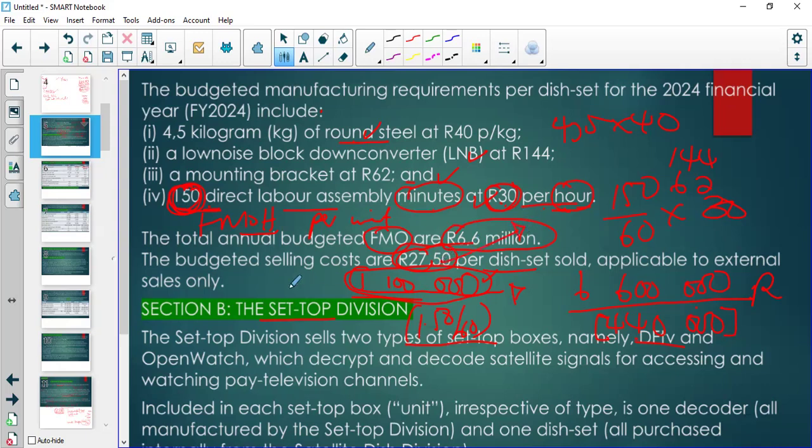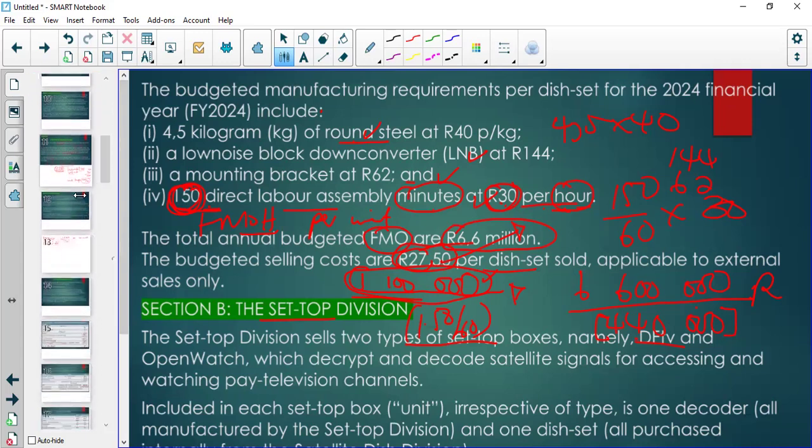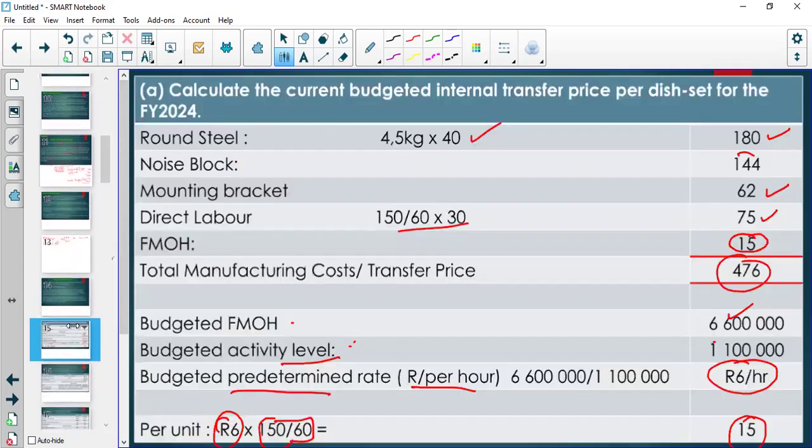So for us to determine the total cost of production, remember I said it could be, so the cost here is 476, right? That's the cost of production. But now when we want to determine the minimum transfer price, we're going to use only the variable cost of production.